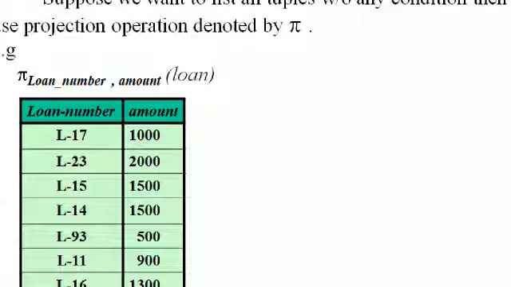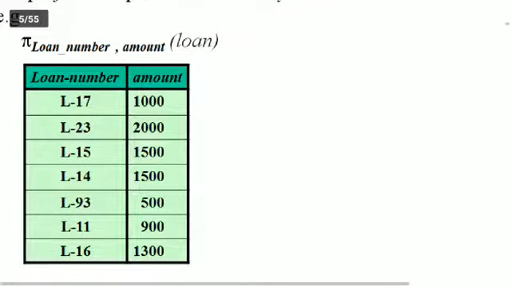So pi loan_number, amount from the loan table. This is how you can show the projection operation. After executing, the output of this relational algebra is two columns, that is loan number and amount.